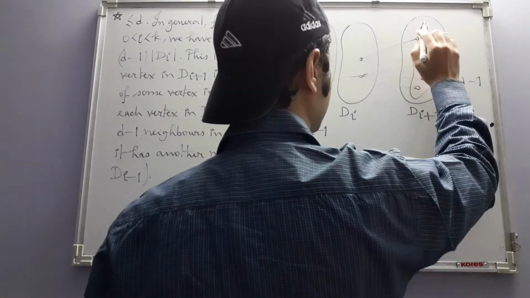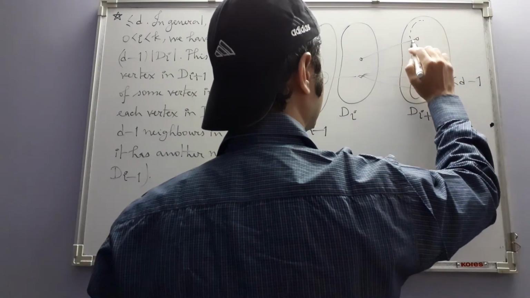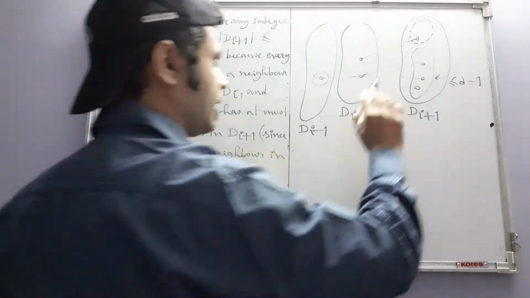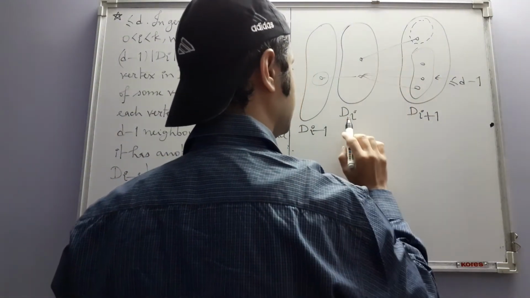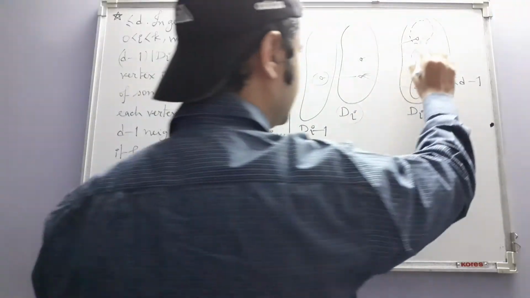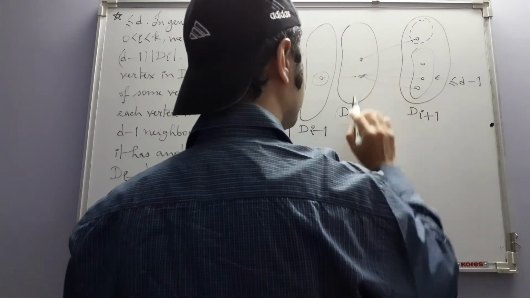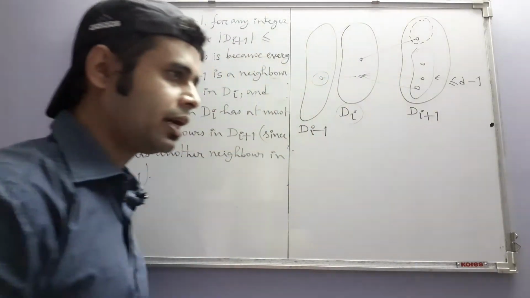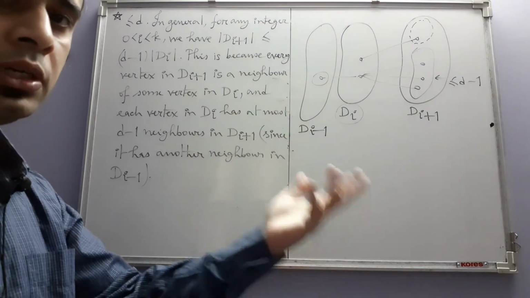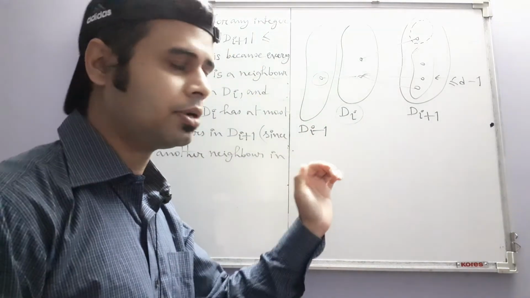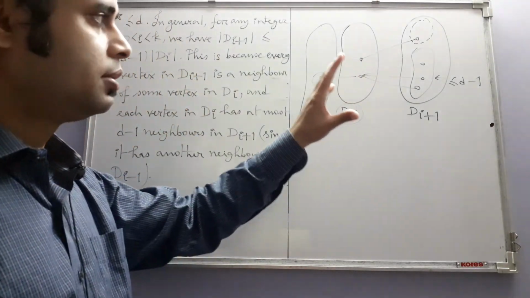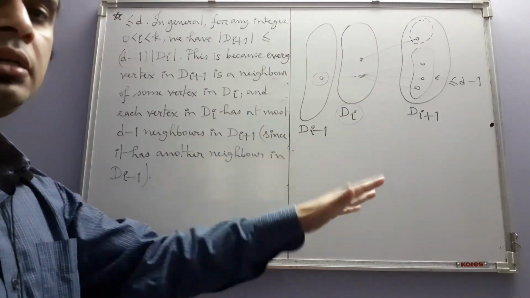It tells us that if we classify the vertices in Di plus 1 according to the vertices in Di of which they are neighbors, then for each vertex in Di we are getting at most D minus 1 neighbors in Di plus 1.